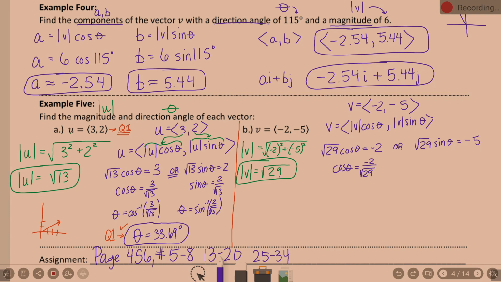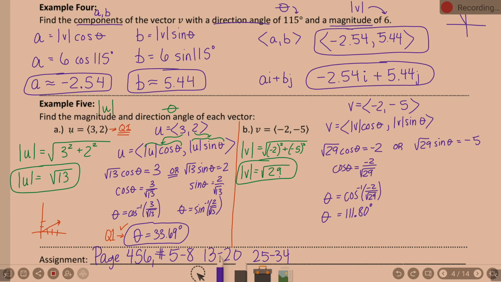We solve for cosine. How do we find theta? Yeah, if you're trying to find the input, do the inverse. So cosine inverse of -2 over square root of 29. What do you get here? 111.80 degrees. Yes?